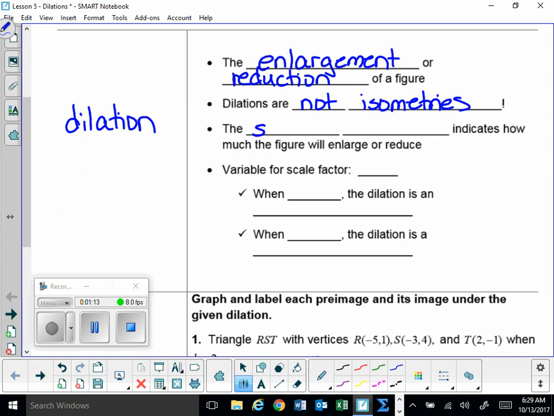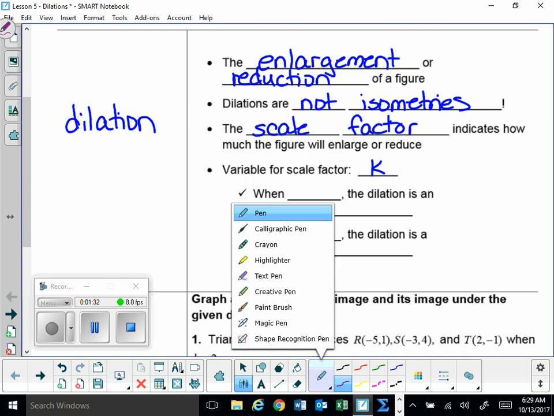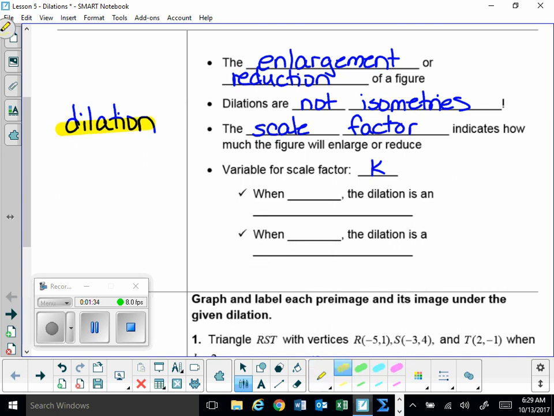The scale factor, which we use a lowercase k for, determines how much the figure will enlarge or reduce. So a couple of key vocabulary words here: dilation and scale factor.